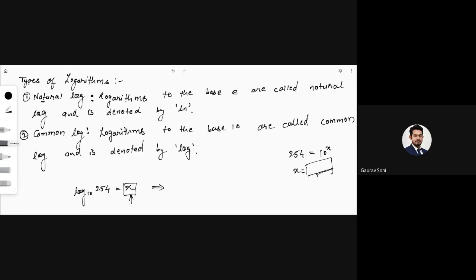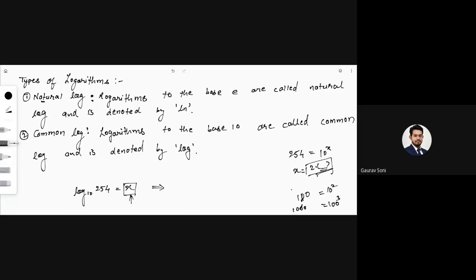No. So what is the nearest power that you can get? If I make 10 squared, this will be 100. If I make 10 cubed, it will become 1000, right? 254 is between these two, 100 and 1000. So the value of x has to be 2 point something. Are you convinced with this point?